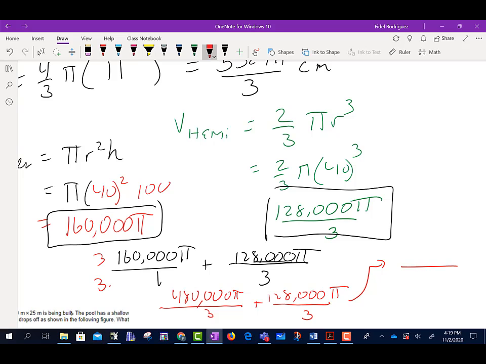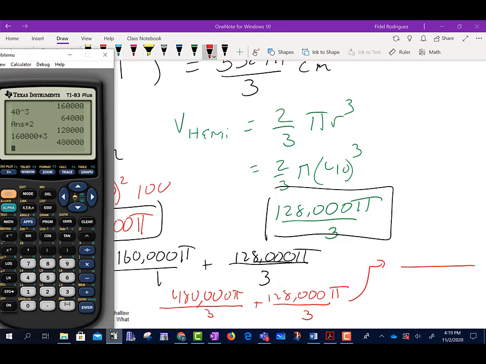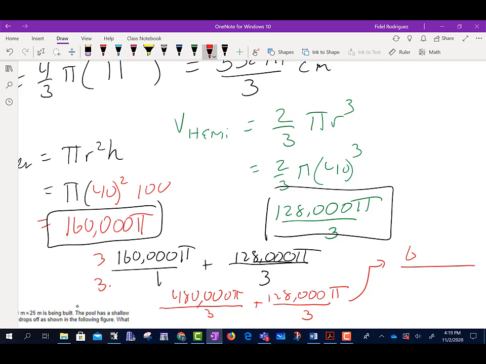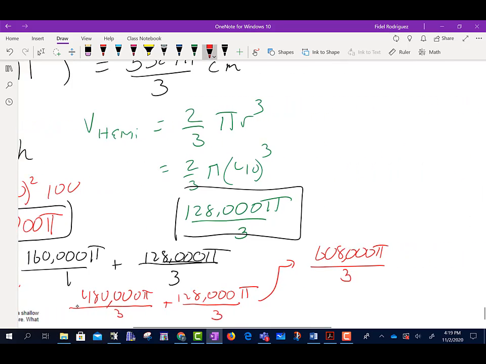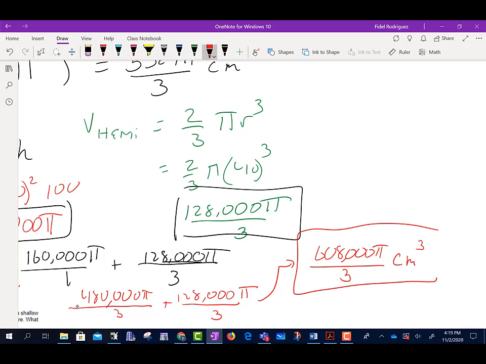Now we can add those two numbers together. So I need to add another 128. And I'm coming up with 608,000 pi all over 3. And our units here were in centimeters, so this is going to be centimeters cubed.